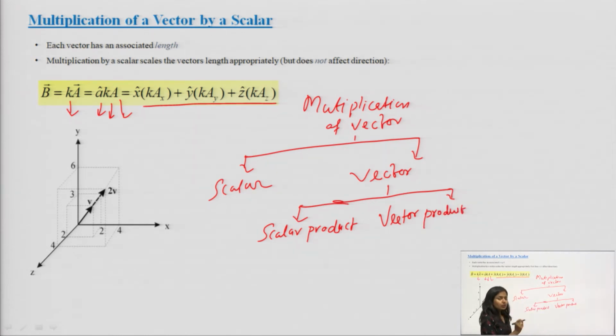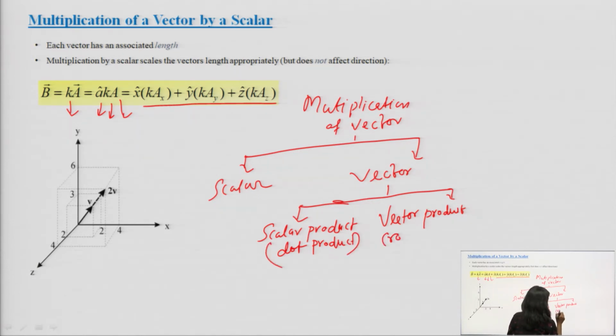Scalar product is also known as dot product and vector product is also known as cross product.